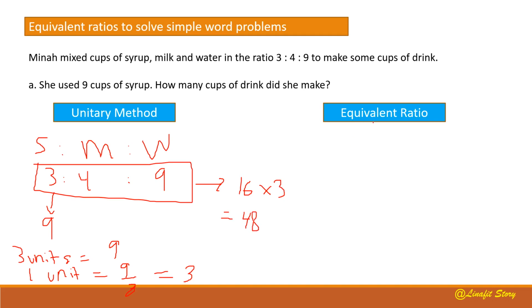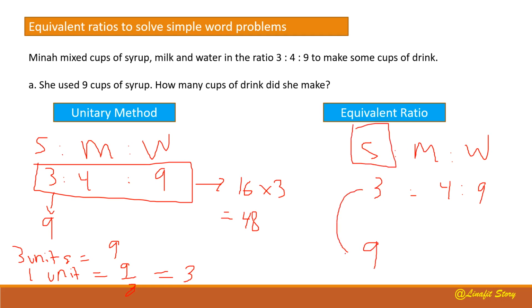How to use the equivalent ratio? So over here is syrup, milk and water. So 3 to 4 to 9. Then she used 9 cups of syrup. Here's the syrup. So 3 times how many equals 9? 3 times 3.